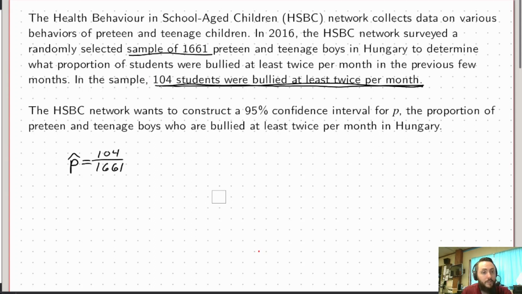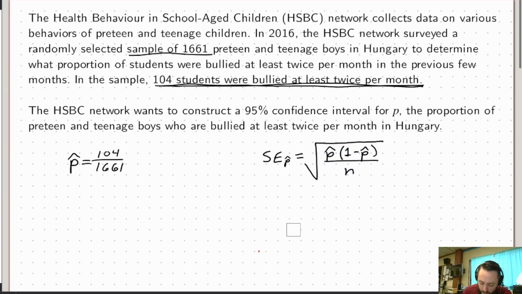Then from here, we want to calculate the standard error, which remember is the same thing as the standard deviation, but using our sample proportion. We have all of these numbers, so 104 out of 1,661 times 1 minus 104 out of 1,661, divided by 1,661.